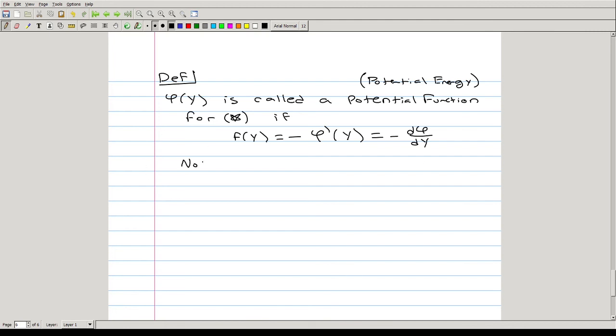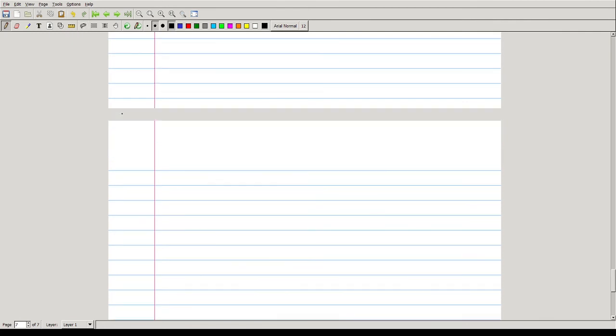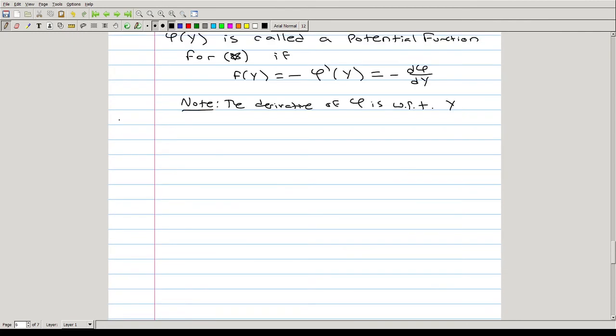So that's important to even write down. And if this is the case, we can prove a number of different things very nicely about properties of the general solution to our differential equation.